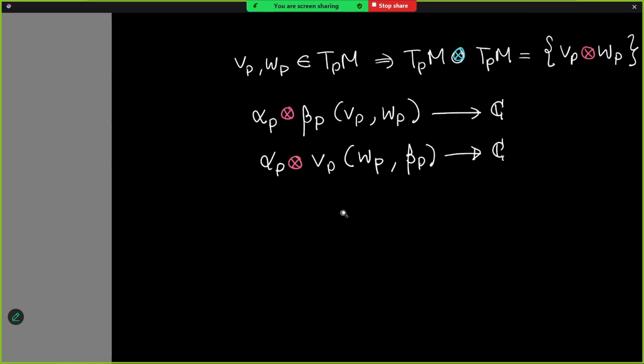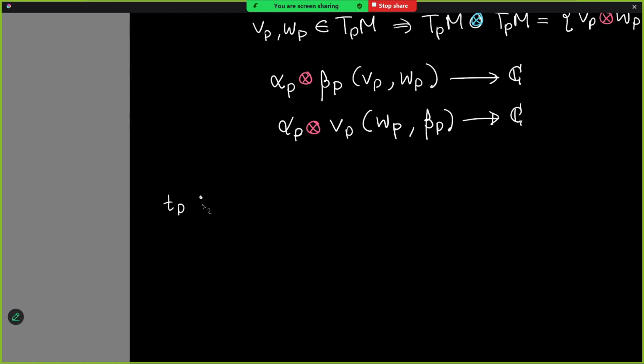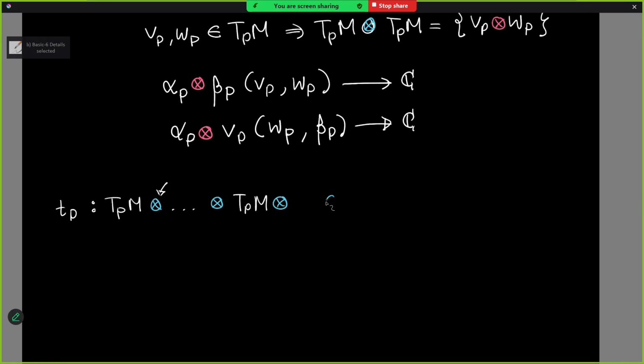So we can reformulate our tensor TP as being TPM tensor TPM, where these are the blue ones. I might not want to switch the colors so often, but let me just color them all in first.